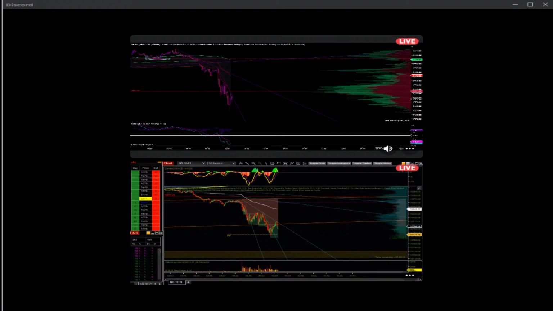A lot of buy orders came in here in this candle, but I think it's going to do another push down. We'll see.